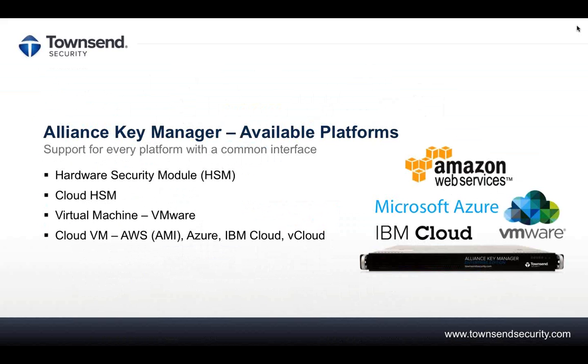So with our solution, we can deploy as a true hardware security module. This is a physical 1U server, fits into a 19-inch rack, hardened for security, and it can be deployed in that fashion. Of course, VMware customers are trying to get rid of hardware. They're not trying to deploy more hardware, but that may, in some cases, be helpful. We also deploy as a true virtual machine, no hardware, within a VMware environment.